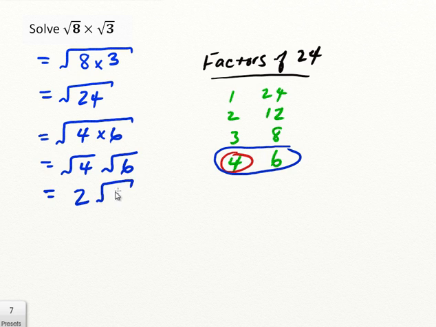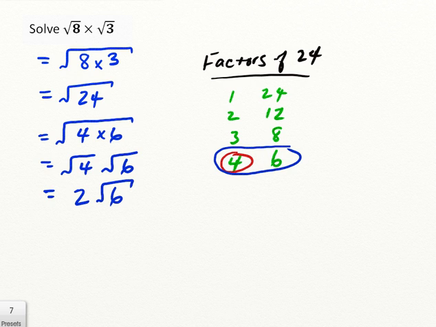Root 6 can't do any better than root 6. It is not a perfect square, so we can't remove it out of the radical sign. So if we had stopped at root 24, we wouldn't have expressed our final answer in simplest form. Just as we reduce our fractions before we write them as our final answer, we also reduce our radical terms into a mixed radical in lowest terms before we leave them.